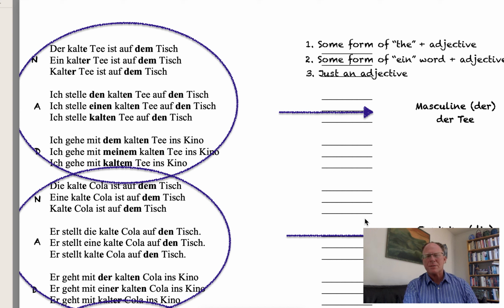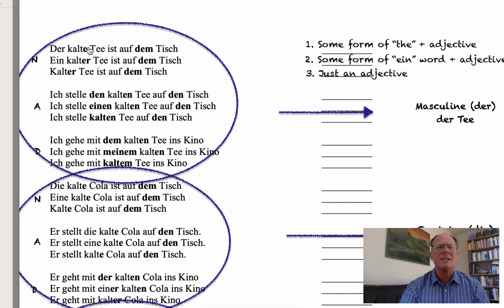Now I'll give you something to think about when you are looking at each stanza as you analyze this beautiful love poem that I've written for you. I would like you to see that in the first line of every stanza, around the word cold, is some form of the plus an adjective.